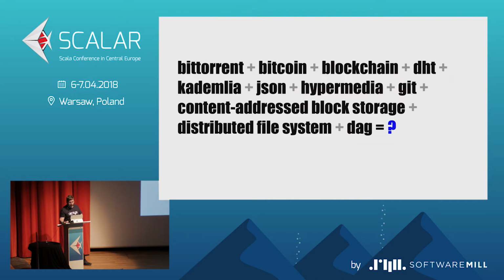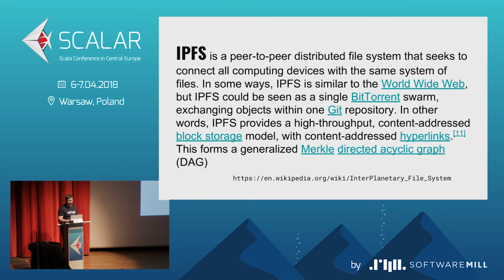And that would be something that combines BitTorrent, Bitcoin, blockchain, Git, and distributed file systems and whatnot. And this is actually called IPFS, which is a peer-to-peer distributed file system. It uses a BitTorrent-like protocol to distribute the information in the swarm.